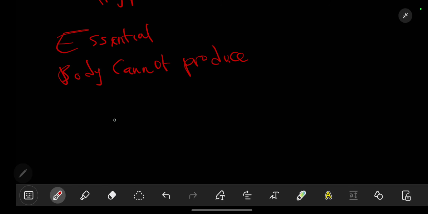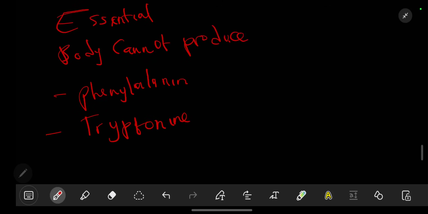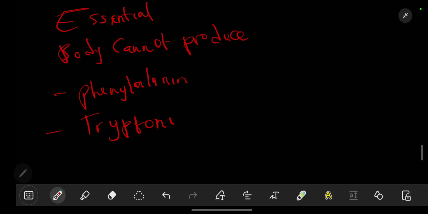phenylalanine. We might have other examples such as tryptophan. Remember, you should at least know some.